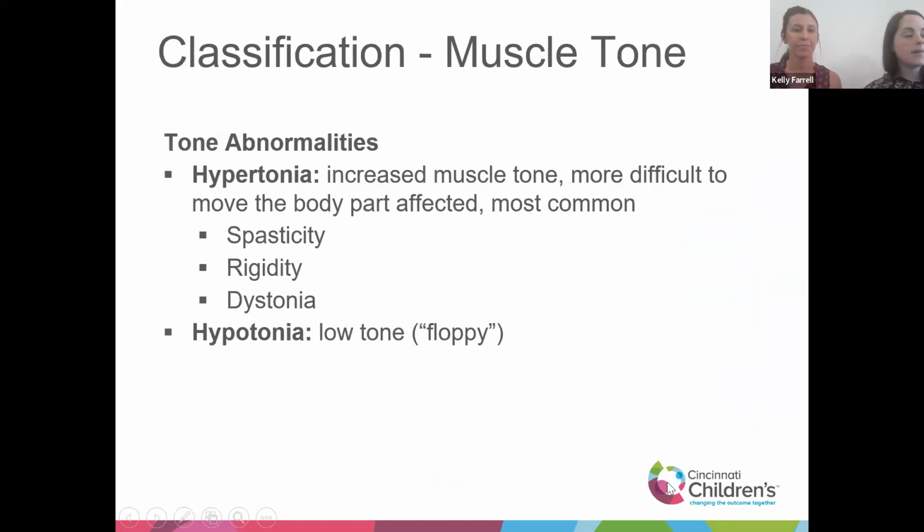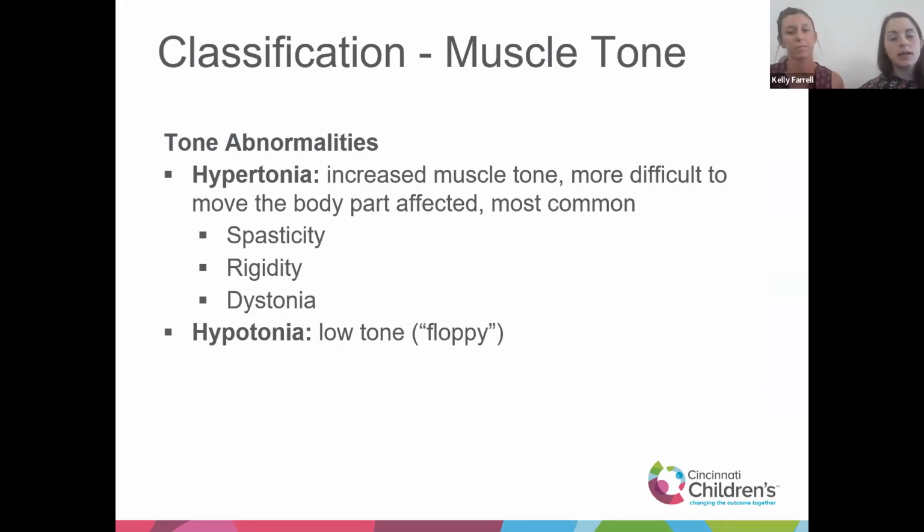We can also classify individuals with cerebral palsy based on their type of muscle tone. As I discussed on a previous slide, you can either have high tone, which is hypertonia, or low tone, which is hypotonia. Hypertonia can be further distinguished into 3 different types, where spasticity is the first one, and that is where, when we increase the speed of a movement of a joint, we have increased resistance.